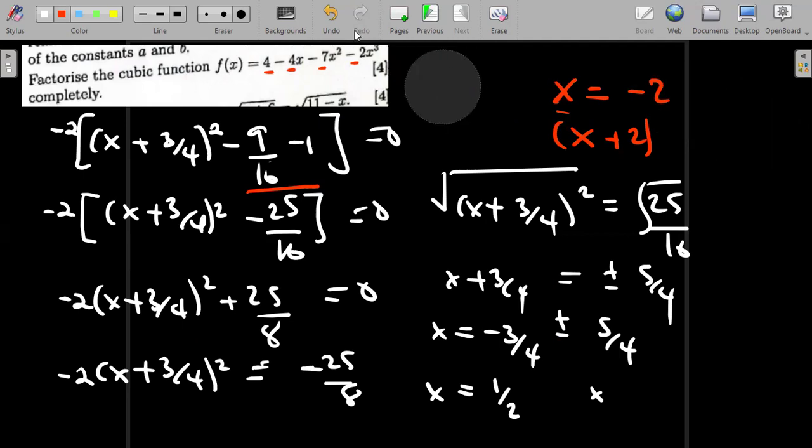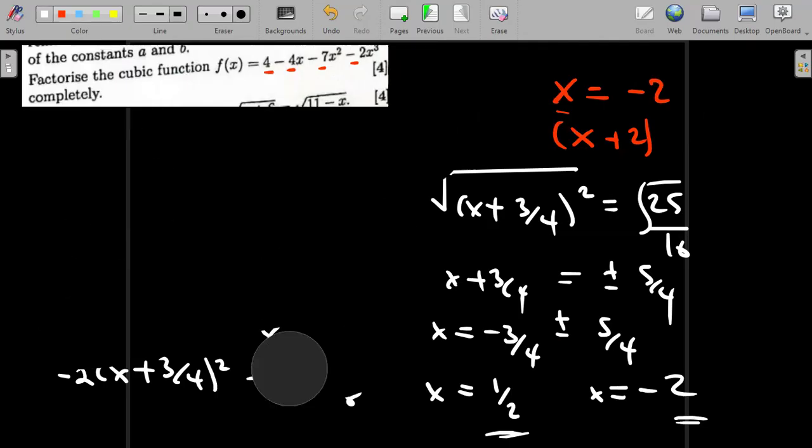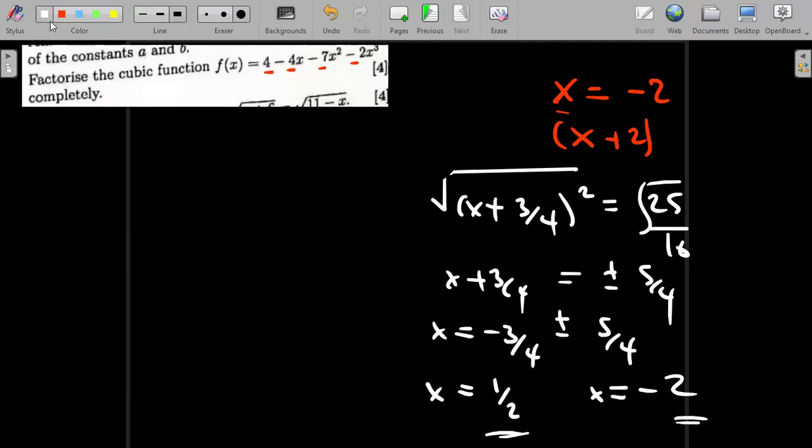So now we continue from there. The other x value here is just going to be negative 2. So it means that my linear factors are going to be written as so: the one with the half, x equal to half, that's going to be x minus 1 over 2, like this.